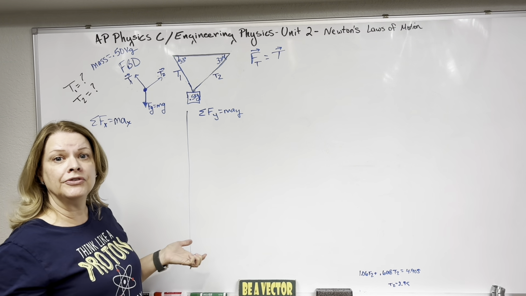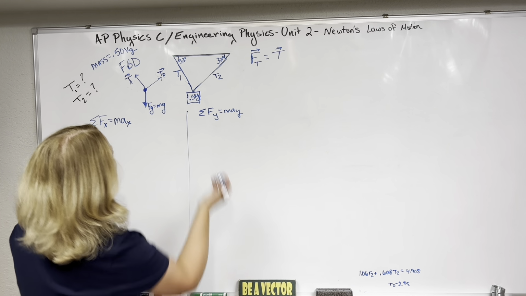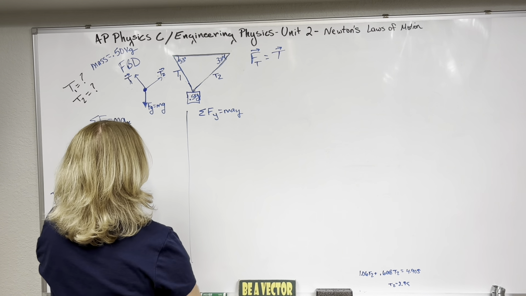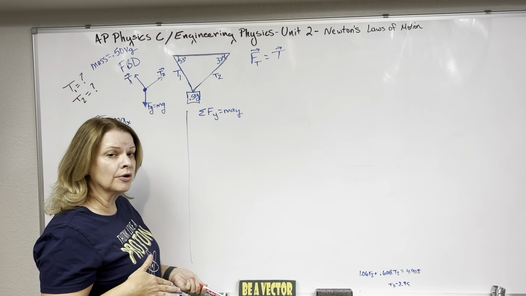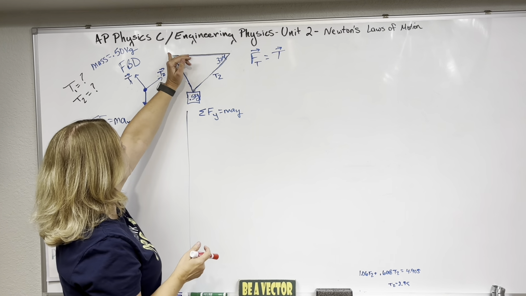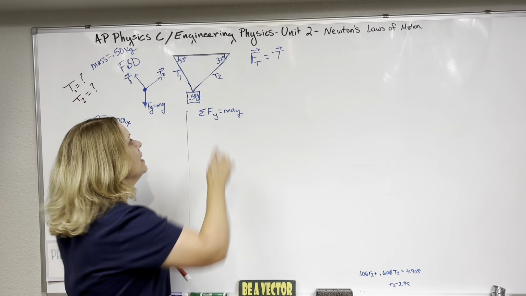Okay, so here we go. We're going to sum forces in the x and the y direction, or the horizontal and the vertical direction. I'm going to go ahead and draw a line here so you can see this. Tension 1 and tension 2, part of it is in the horizontal direction, part is in the vertical direction. T1 is northwest, so it has a north component and a west component.